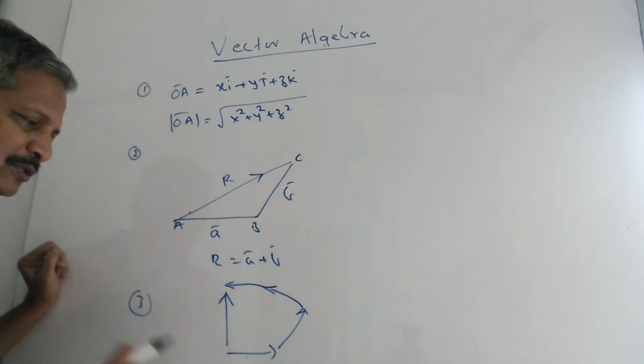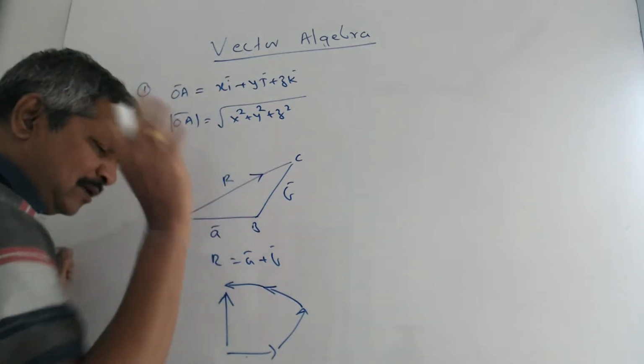This is called the polygon law, and the earlier one is called the triangle law.